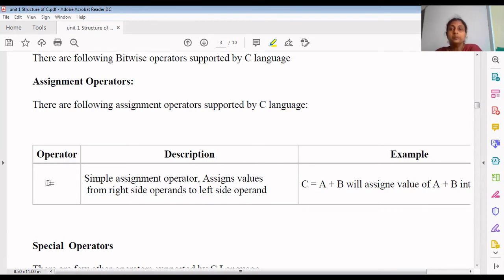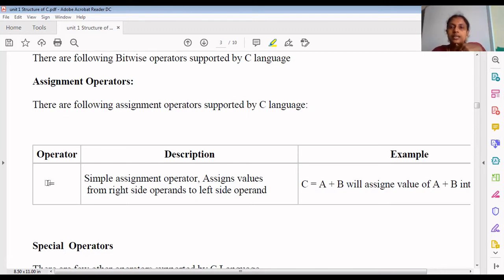Actually, in the exam also, there will be one question asked: what is the difference between equal to and double equal to? If you have any notebooks in hand, take down the difference between equal to and double equal to. This side, equal to, is an assignment operator. Double equal to is a relational operator. Here, the example is A equals 7. On the other side, 7 double equal to 7.